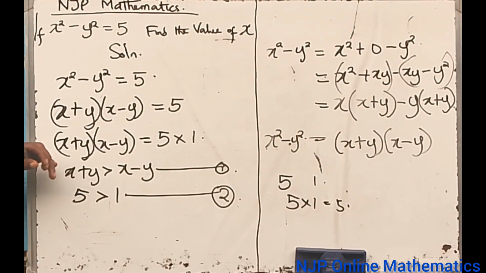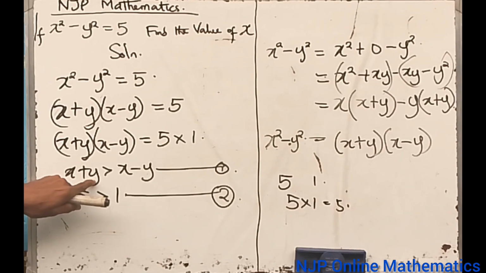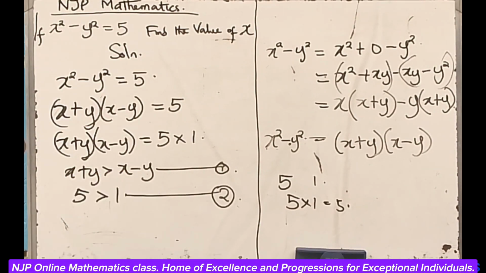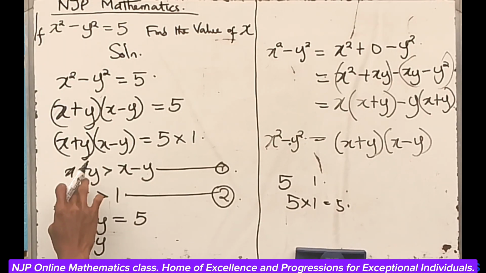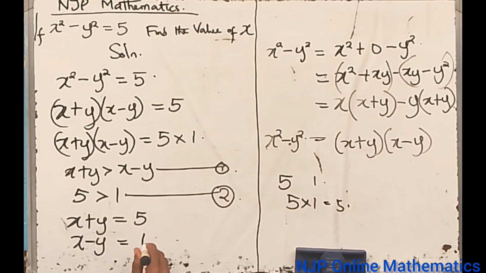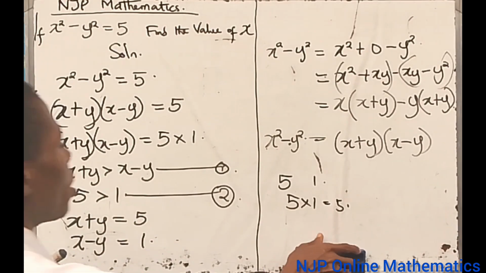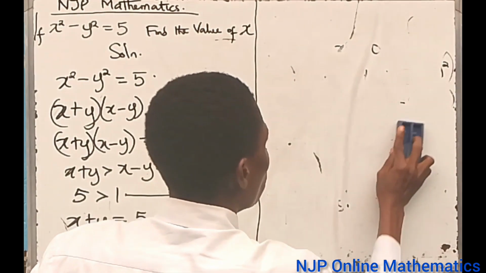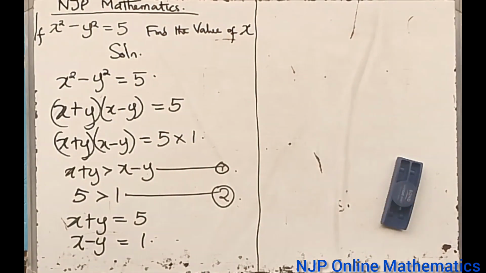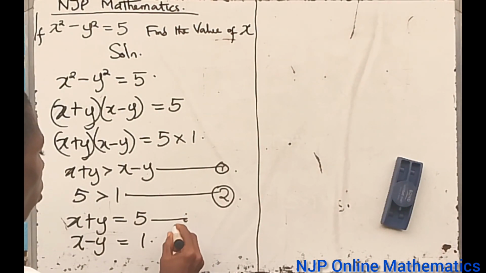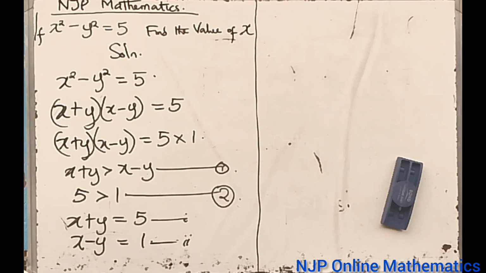Therefore, for the left hand side to be equal to the right hand side, x plus y, which is greater than x minus y, must be equal to 5, and x minus y, which is less than x plus y, must be equal to 1, since 5 is greater than 1. So from here we have obtained two equations. This is equation 1 and this is equation 2.